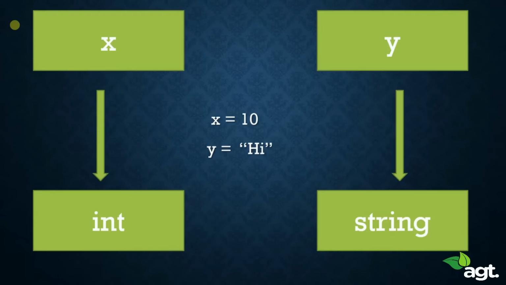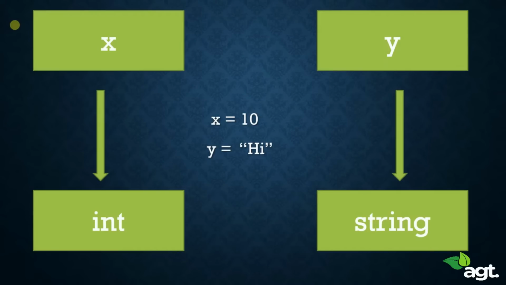That means x is of integer data type, and y stores a word in it, so it is a string data type. So words or characters are referred to as strings in Python. Now in our first section, we'll deal mainly with these two data types. We will learn more complex data types as we progress into the course.